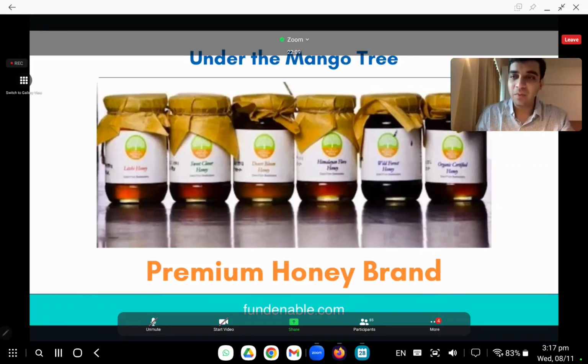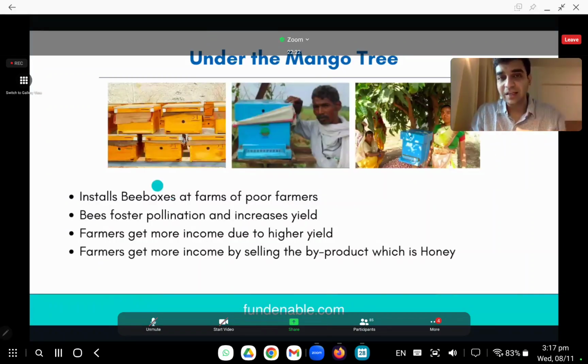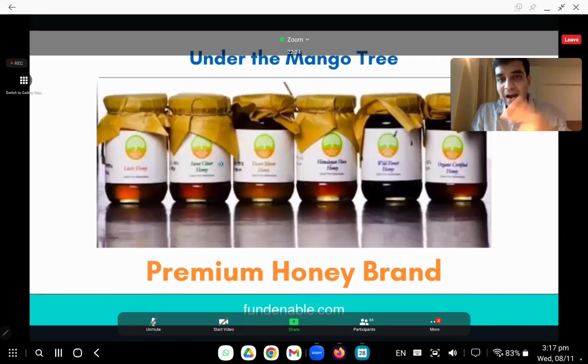Honey collected from predominantly mango orchards will be mango honey, and so on and so forth, right? So farmers are benefiting twice. Once, because the yield is increased because of a bee box, and second, because this company is procuring the honey from the farmers and selling it in the international markets, right? And this is their business model.